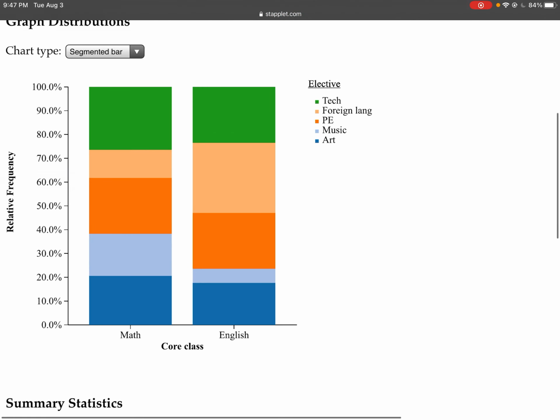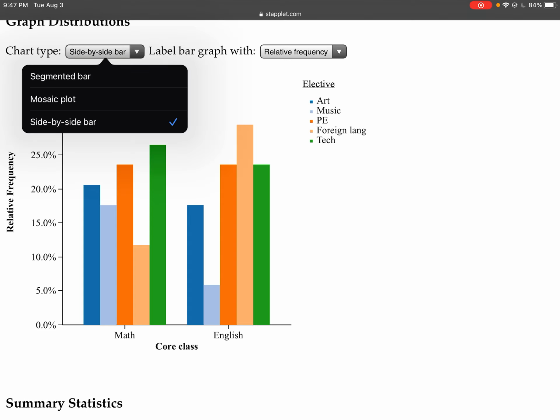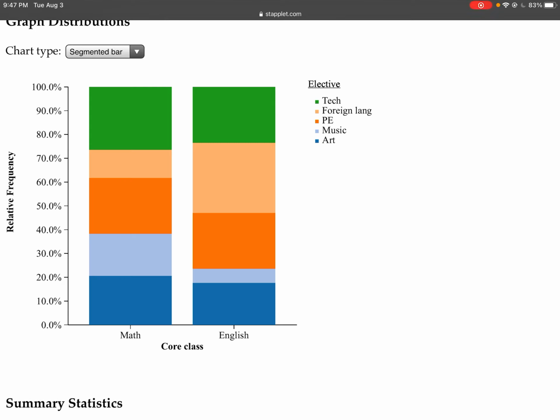So they are the same size. It's just that in the side by side, the bars are all placed on the horizontal axis, whereas in the segmented bar graph, the bars are stacked on top of each other. But they represent the exact same percentages.